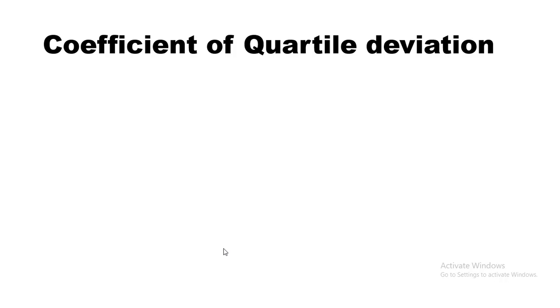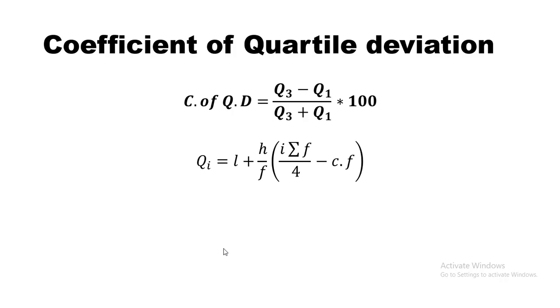Moving on, we will now do the coefficient of quartile deviation. The formula for coefficient of quartile deviation is Q3 minus Q1 divided by Q3 plus Q1, multiplied by 100. Qi is equal to L plus h upon f into i times summation f by 4 minus cf. As we are solving quartiles for a group frequency distribution, we use the group frequency distribution formula.